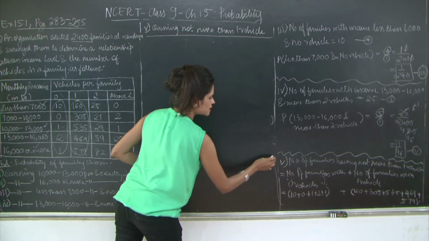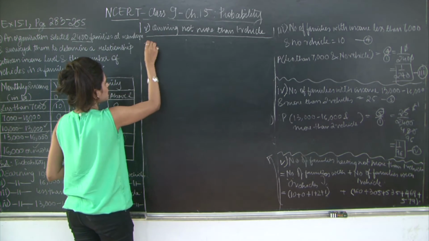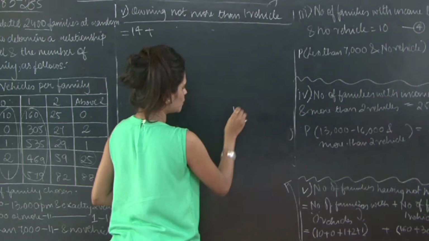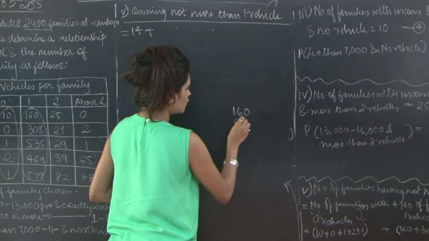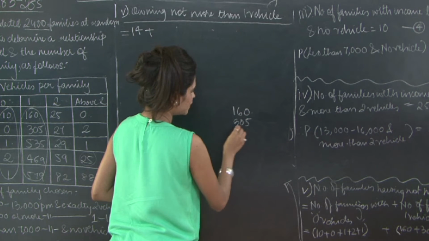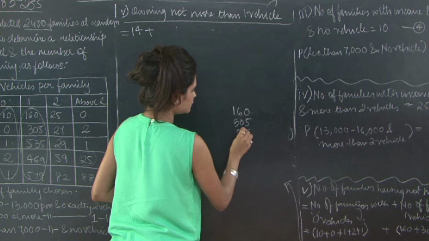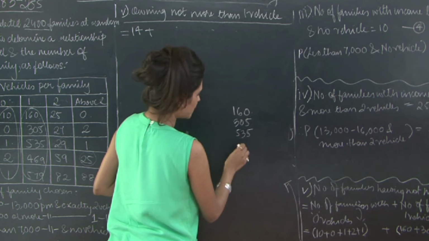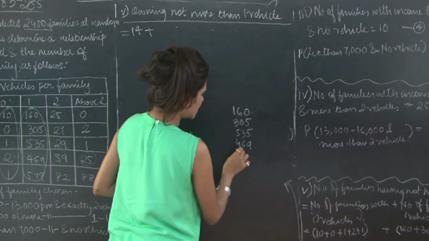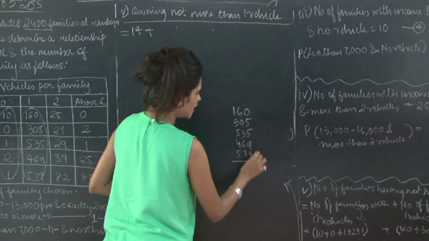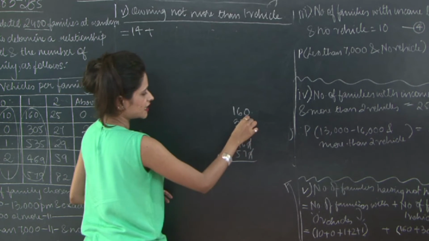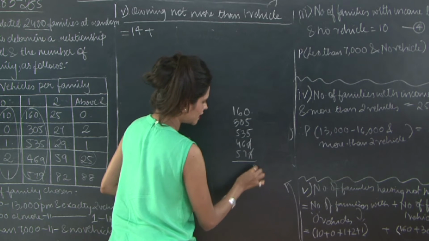So moving on to this side of the board, this is equal to 14 plus 160 plus 305 plus 535 plus 469 plus 579. 9 ones are 9, 9 twos are 18, 18 plus 10 is 28.